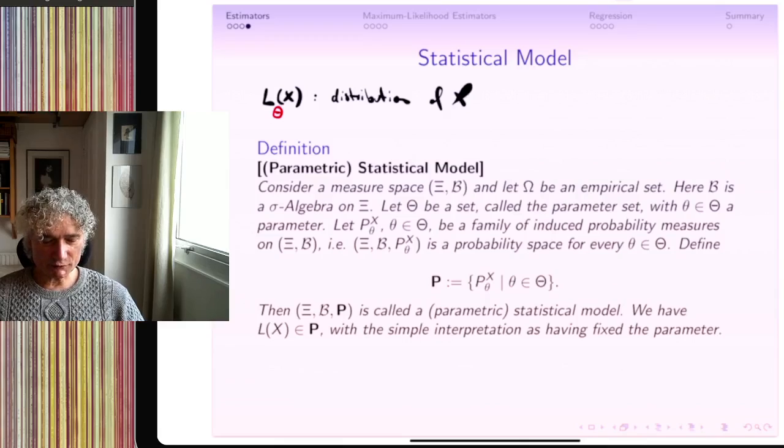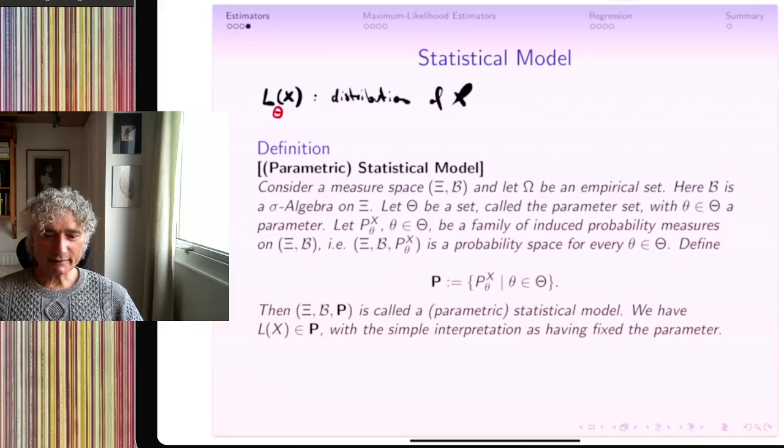We also introduce an induced probability P_X, but now it also depends on the parameter theta in capital Theta. So this becomes a family of induced probability measures on the numerical measure space Xi, B. That means we have a triple: Xi, the sigma algebra B on Xi, and this induced family of probability measures P_X,theta. And this is a probability space for every theta in the parameter set Theta.